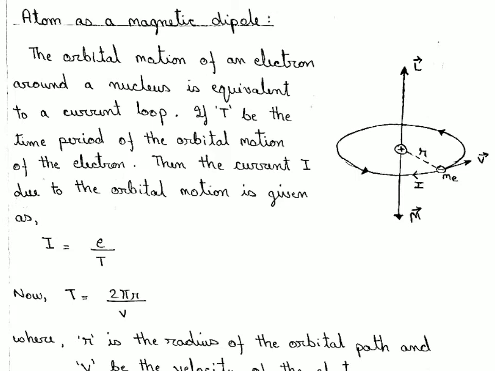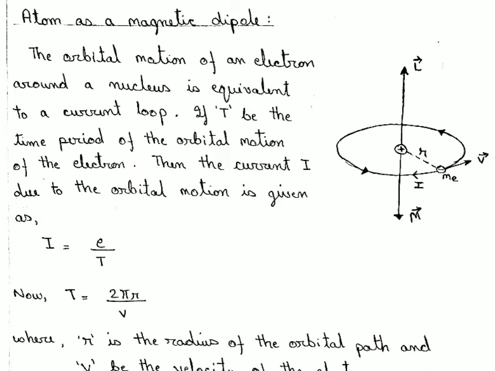Now, from the definition of velocity, we know that velocity is equal to distance divided by time. Hence, in a circular orbit, the distance that the electron covers in one time period is 2 pi r, which is the circumference of the circle.